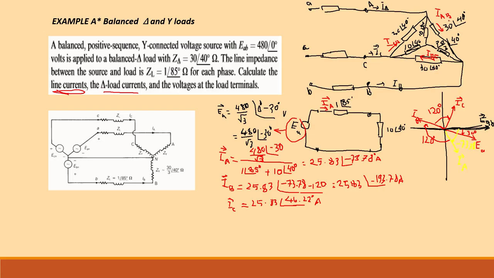How to find IAB? Okay, this current is less than the star connected load current by the root of 3 and leading the current of the star connected load by an angle of 30 degrees.